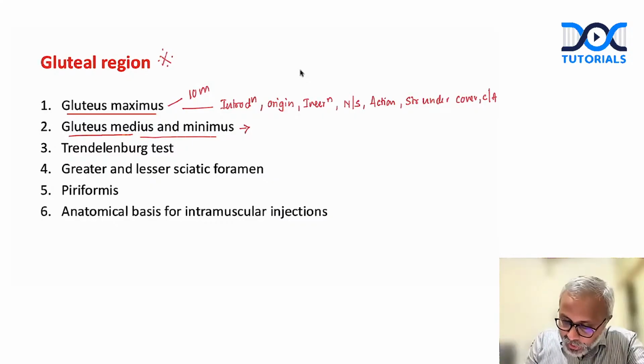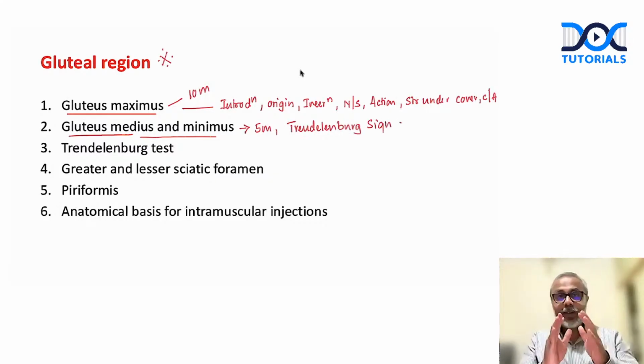So this is often asked as a 5-marker question or a case-based question on the Trendelenburg sign. They will give a case where they would have described a positive Trendelenburg sign, and they will ask what muscles are affected. Describe these muscles in detail.